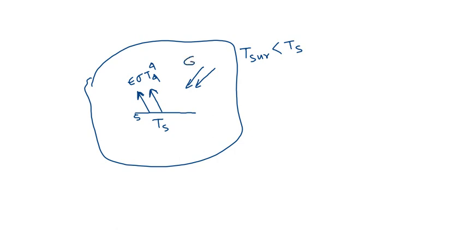This is the flux that is going to fall on the surface, and this G is equal to sigma into T surrounding to the power 4, if we consider that the surrounding is very, very large with respect to this surface.